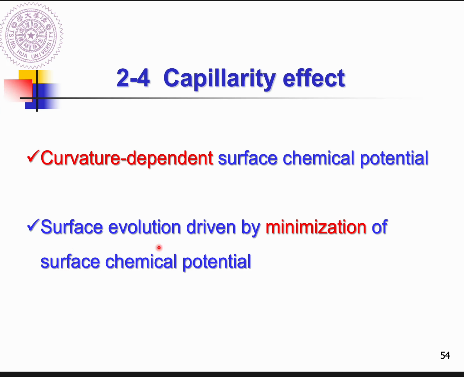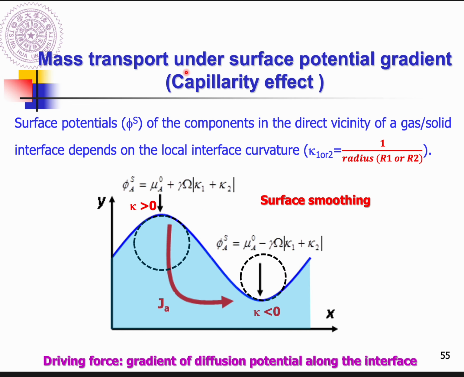The surface evolution is driven by minimization of the surface chemical potential, which means this capillarity effect will lead to surface planarization. As we mentioned before, we are going to have mass transport under the surface potential gradient, which means there's definitely a surface potential variation on your materials.